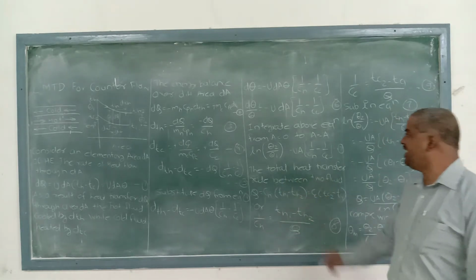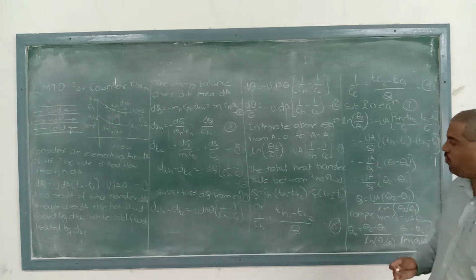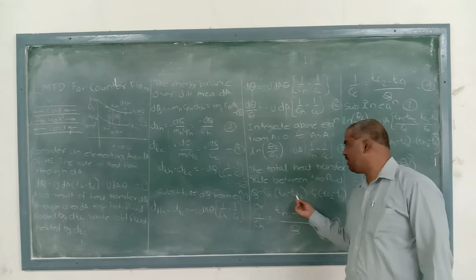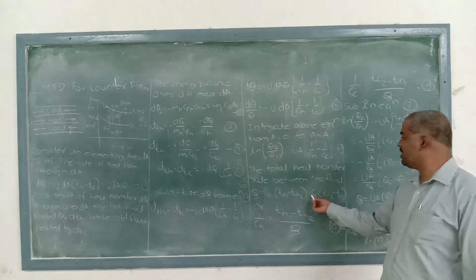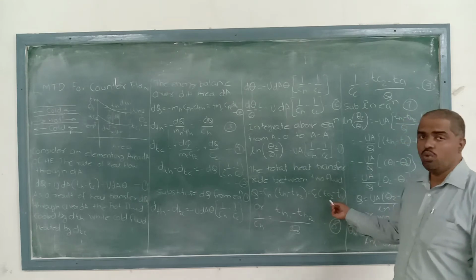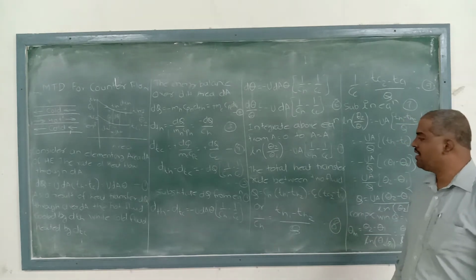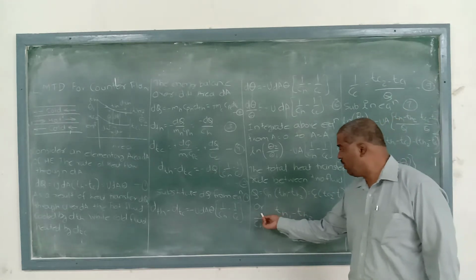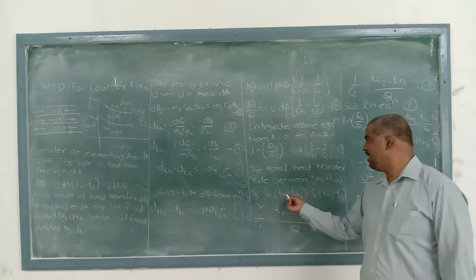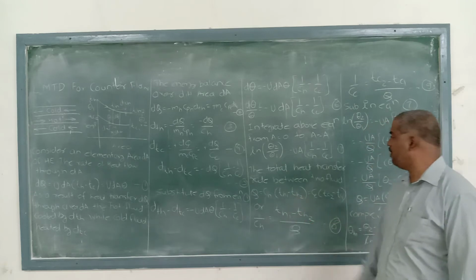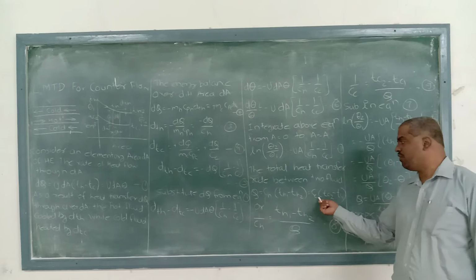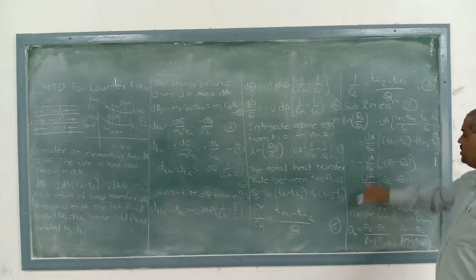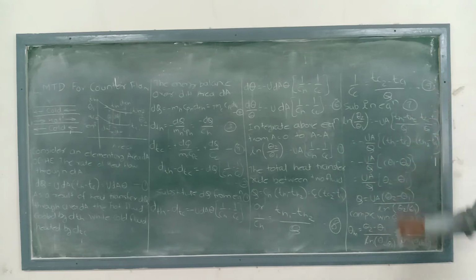The total heat transfer rate between the two fluids, we can write Q is equal to Ch into Th1 minus Th2, which is equal to Cc into bracket Tc2 minus Tc1. So from this equation we can write 1 upon Ch is Th1 minus Th2 upon Q, and in the same way 1 upon Cc is Tc2 minus Tc1 upon Q. This is equation number 8, and this is equation number 9.